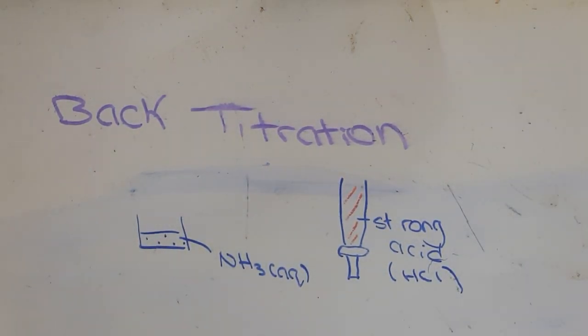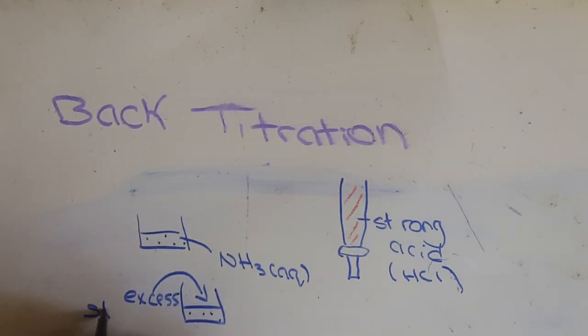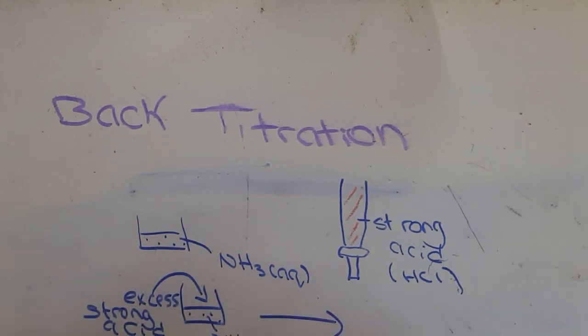So what you do is you do a back titration in that case. In a back titration, basically you would add excess of the strong acid in this example into the aqueous ammonia, and what you get from this is basically a salt, and you'd also have the leftover acid.